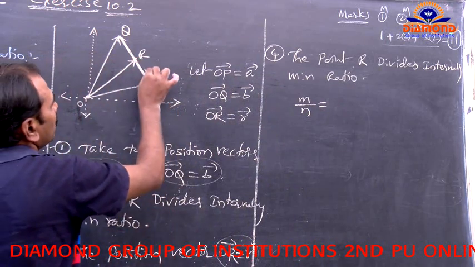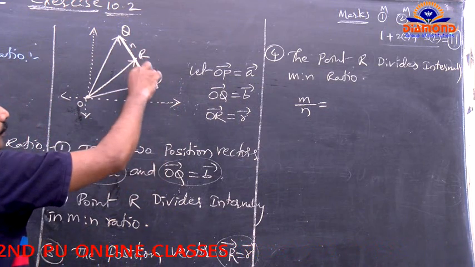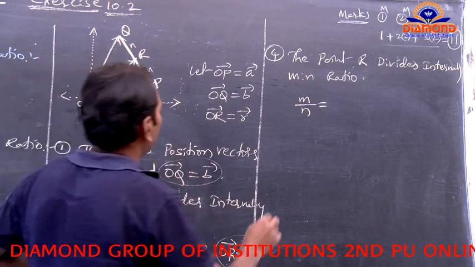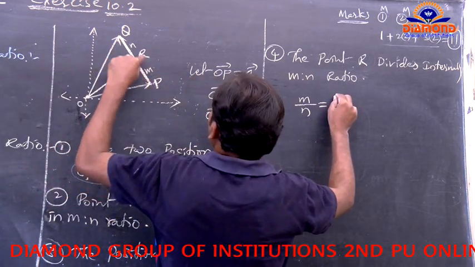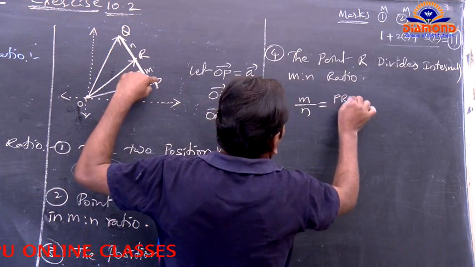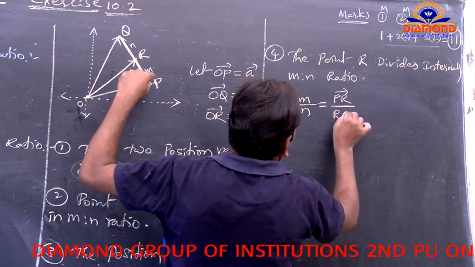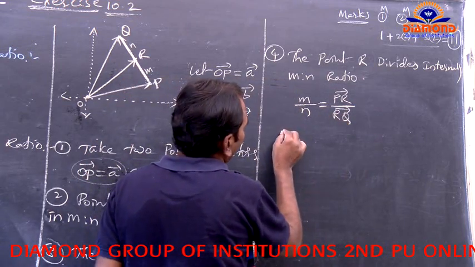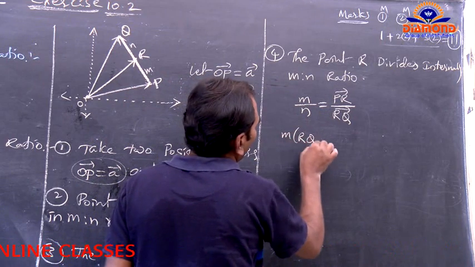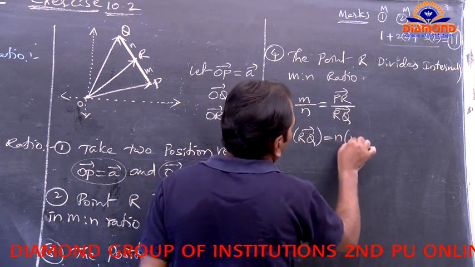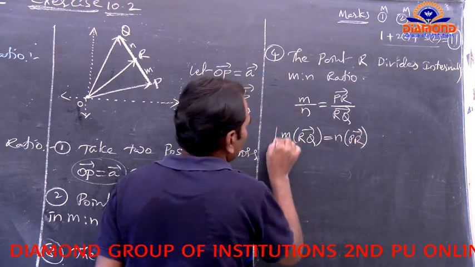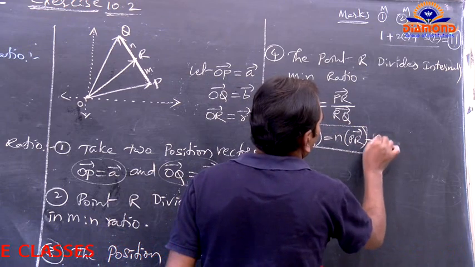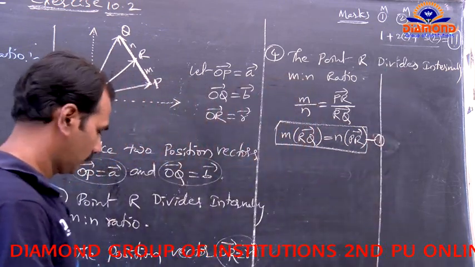This m to n ratio is from P to R as m and R to Q as n. So PR vector divided by RQ vector. So here m times RQ vector equals n times PR. This is condition number 1, equation number 1.